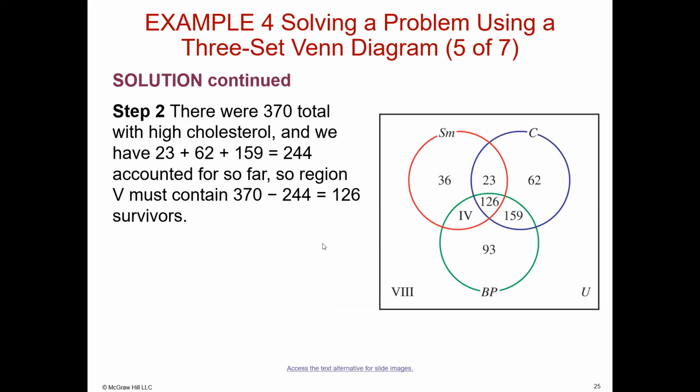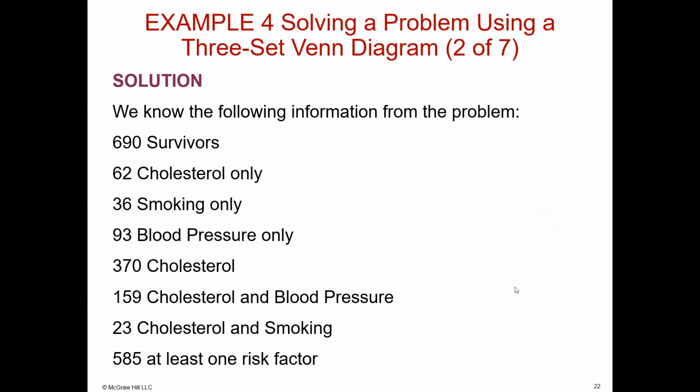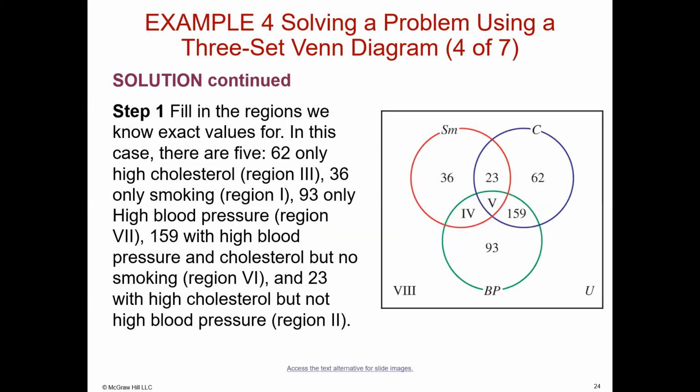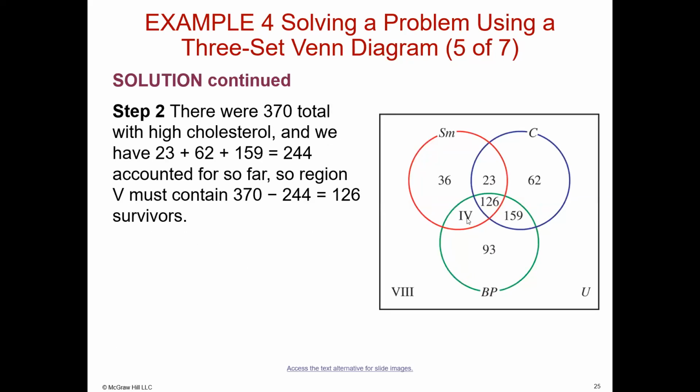Okay. All right. Now, how are we going to populate region 4? Region 4 is missing. What number have we not addressed so far? 585. There you go. We're ready for the 585. Because 585 of our survivors had at least 1 risk factor. So we add up all the numbers in all these circles. And then subtract that from 585 to populate region 4.